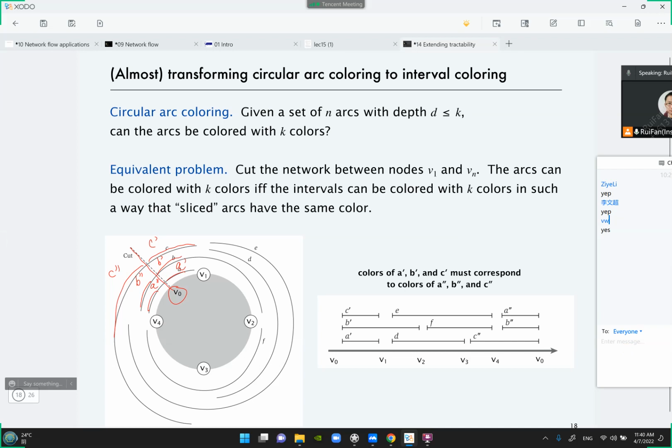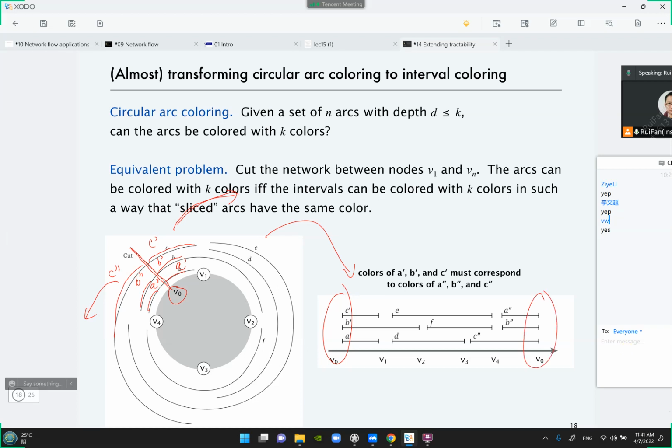Okay, so now once you break it at this point, imagine that you take this entire circular thing and you pull it apart like this. Imagine that you literally grab this thing and you pull it apart. Then what it's going to become is like this, because this part, A prime, B prime, C prime, is going to go over here, and the other part, A double prime, B double prime, C double prime, is going to go over here.